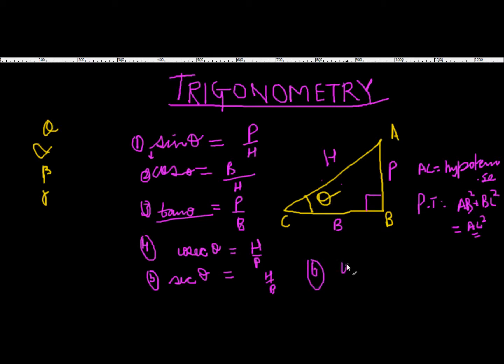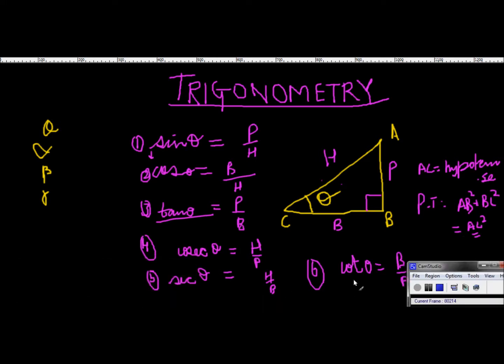And last but not the least, cot theta equals B upon P. So guys, this was all about the basics of trigonometry, just to familiarize you guys with the basic notations of sine, cos, tan and the reciprocals.